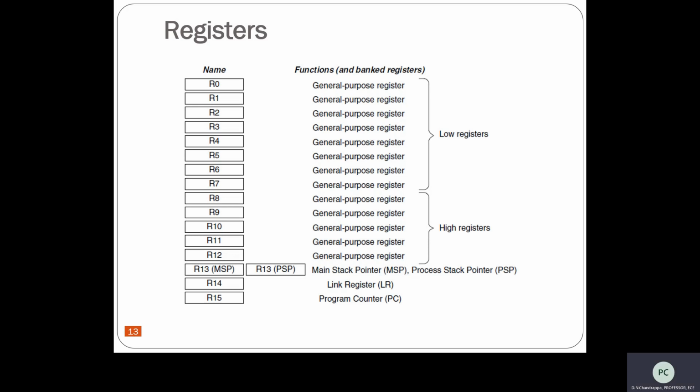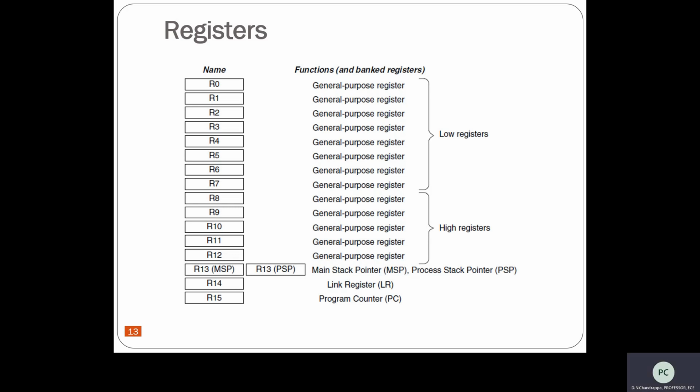So we have exception handlers in this controller, and we can easily manage all these exceptions, or otherwise the program execution is stopped. There are arithmetic exceptions, memory exceptions, and different kinds of exceptions. And exception vectors are there inside the controller to handle them. Everything is controlled by the main stack pointer. And the second one, the process stack pointer, is used by the application code.